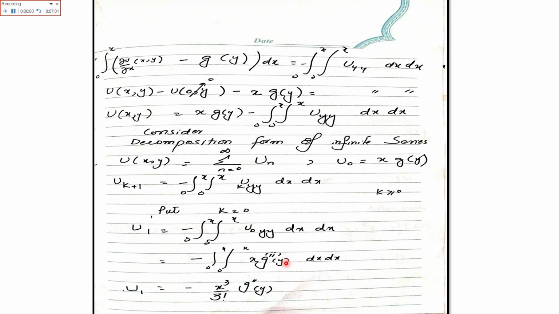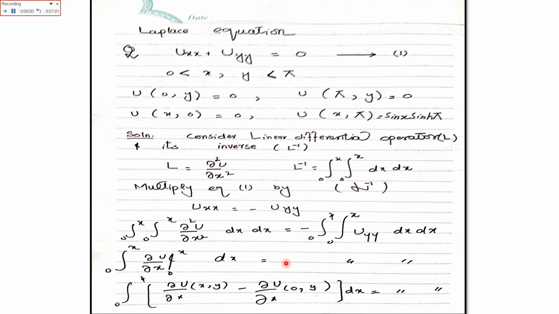So again I will tell you how you can solve the Laplace equation by Adomian decomposition method. Here you have the Laplace equation in 2D, and these are the boundary conditions. First you operate with respect to x or with respect to y.